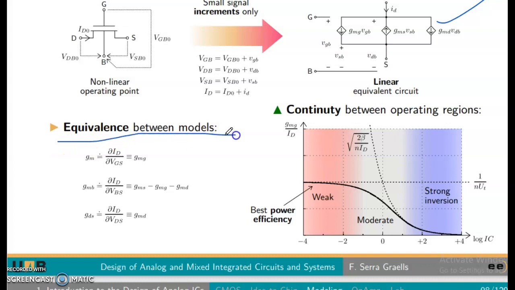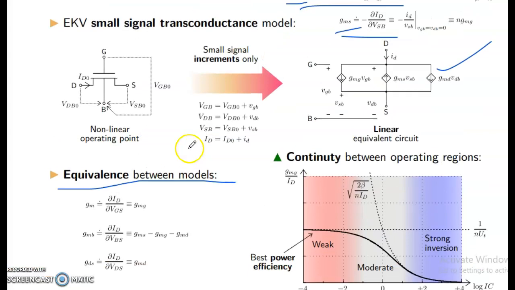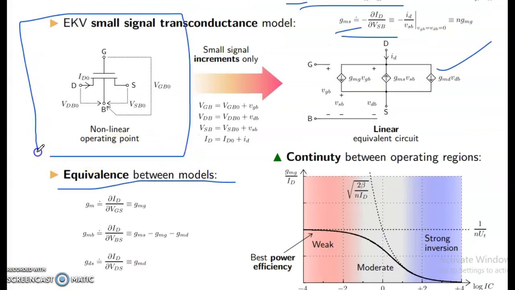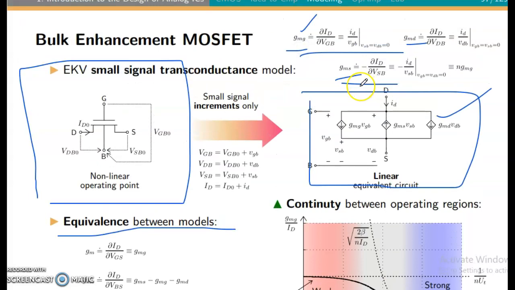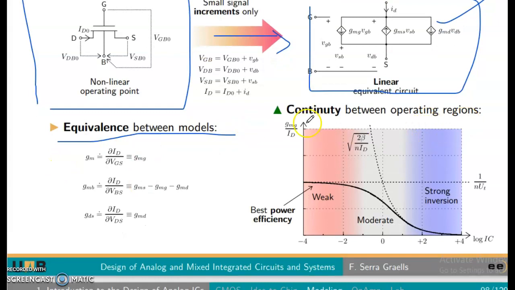Equivalence between models. Actually, this is the non-linear operating point. This is the linear equivalent circuit. This one will happen for small signal increments only.